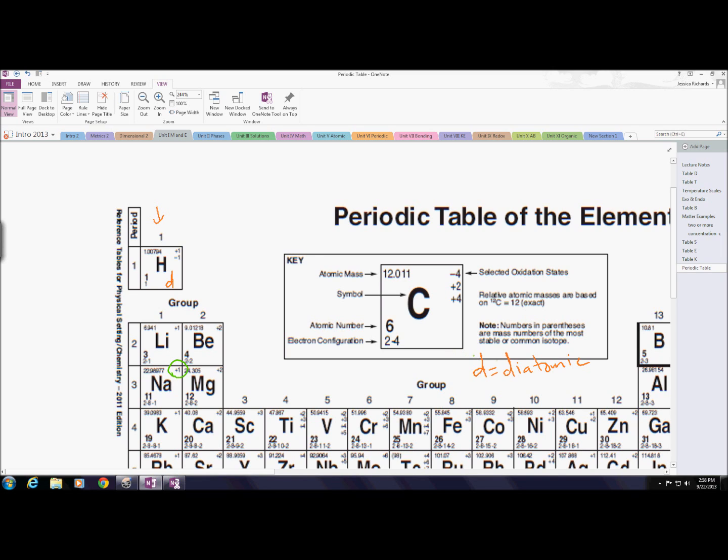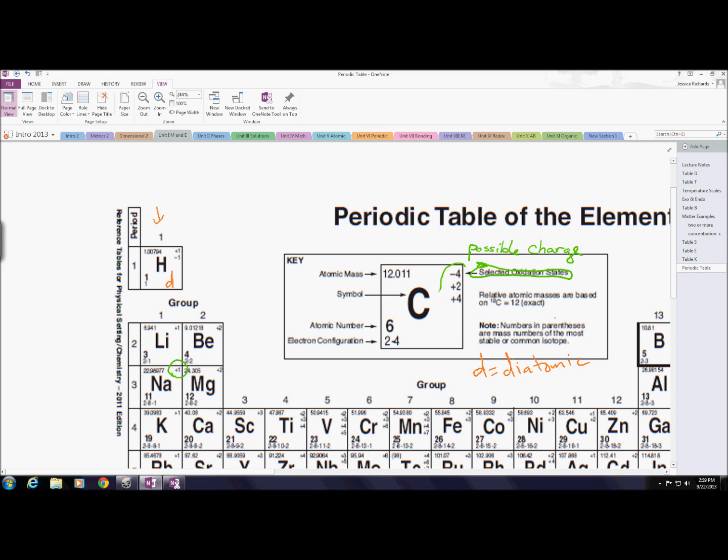On your answer key, they call that little number the selected oxidation states. Selected oxidation states is a fancy way of saying possible charge. Oxidation state and charge are pretty much interchangeable. There's a slight difference, but for our purposes, we don't care.